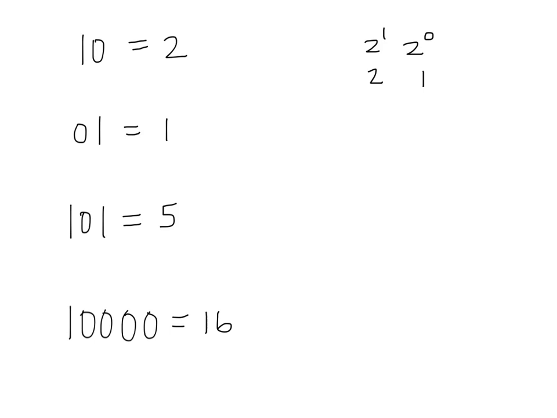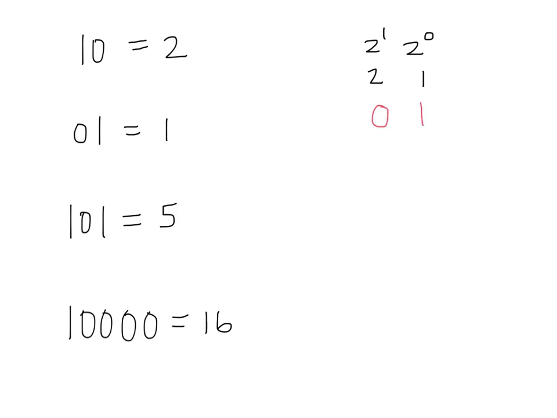So on this next one, we're going to use the same 2 place values, a 1 place value and another place value. So we're still going to be talking about 2 to the 0, which is 1, and 2 to the 1, which is 2. But this time, we have a 0, 1 as our binary number.